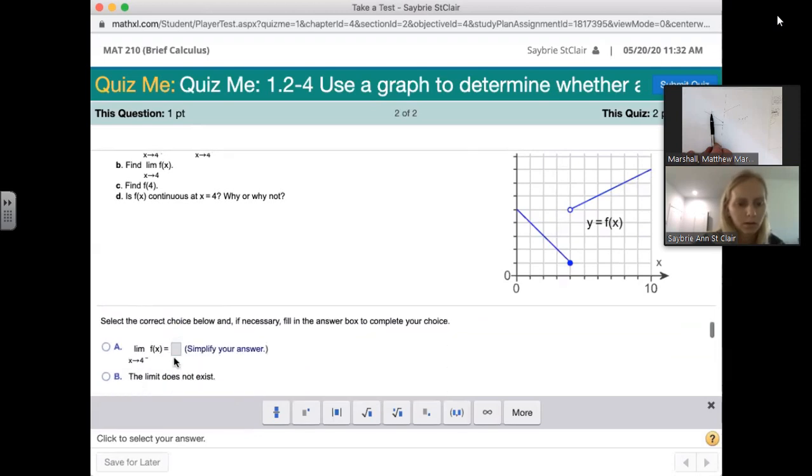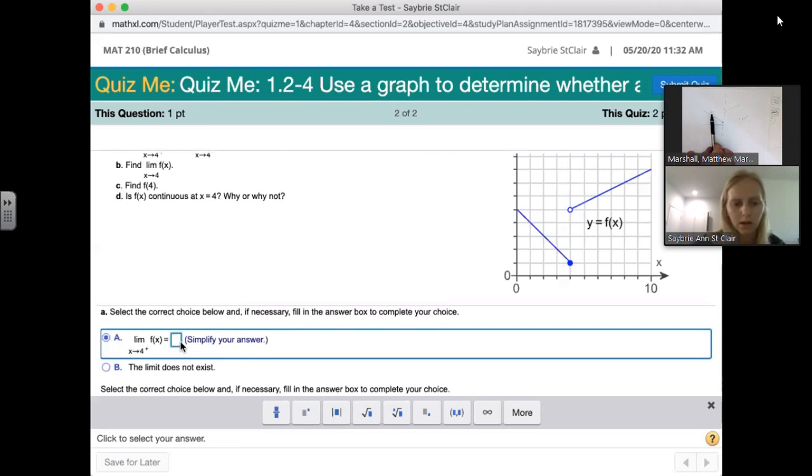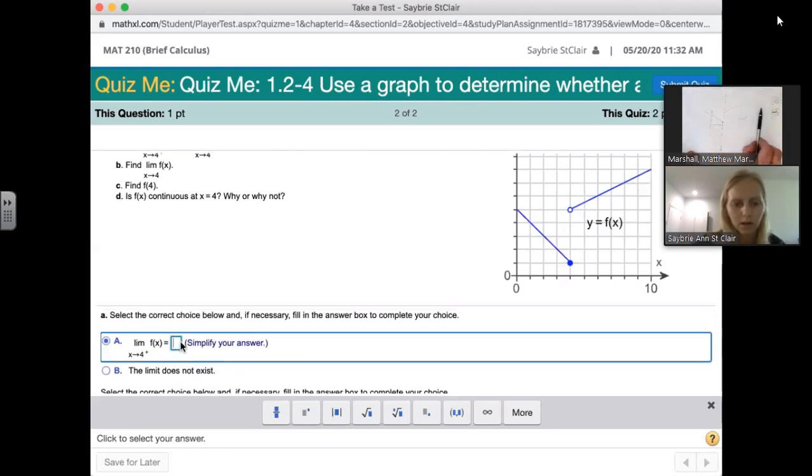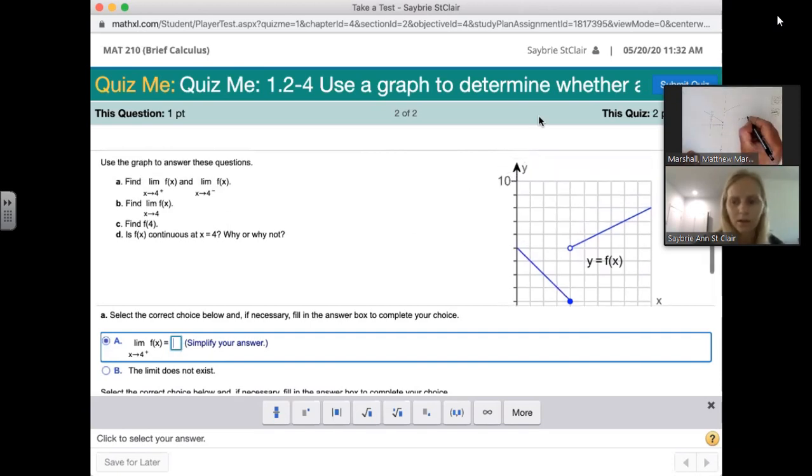That's that one. That's the plus one coming from the right. So that, oh, you know what? I explained that wrong. This is a plus right here. Sorry. Yeah, so that plus means coming from the right side of the graph, coming from right to left.